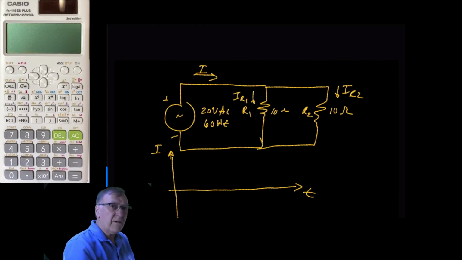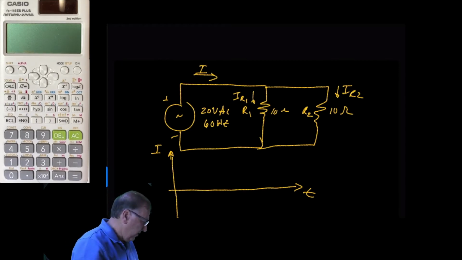If we look at the current in the resistors, because we have a sinusoidal AC source at 60 hertz here, 20 volts AC, the current in the resistor would look something like this. It would be in phase with the voltage, of course, but it would be a sine wave, like so.